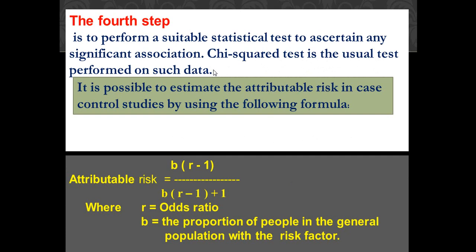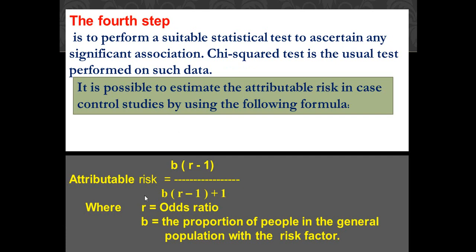Fourth step here is to perform a suitable statistical test to ascertain any significant association, and we usually use the chi-square test. It is possible to estimate the attributable risk in case control study by using the following formula.